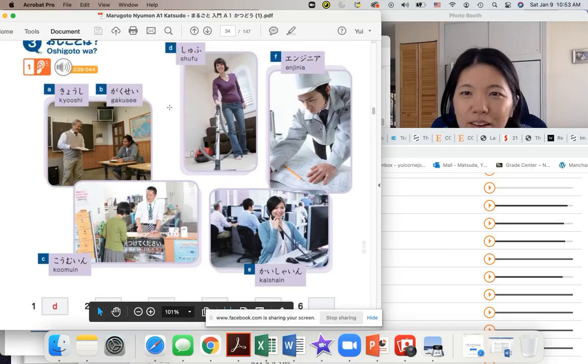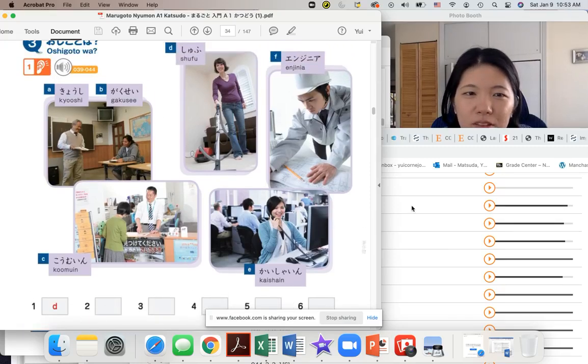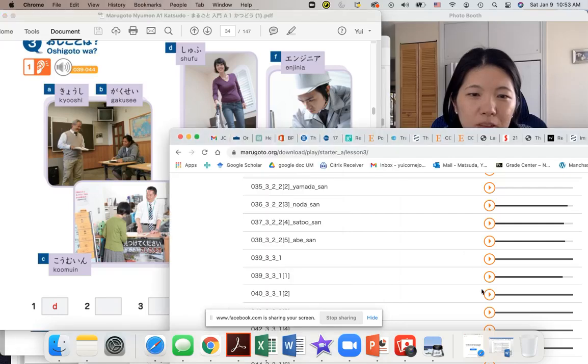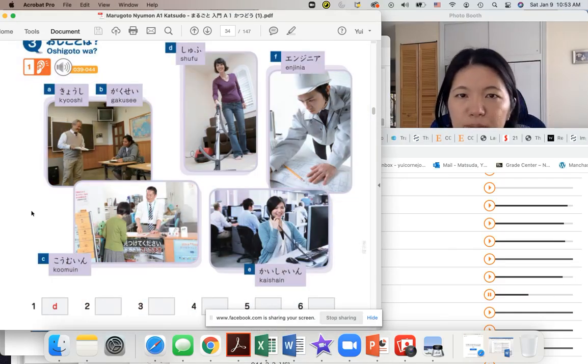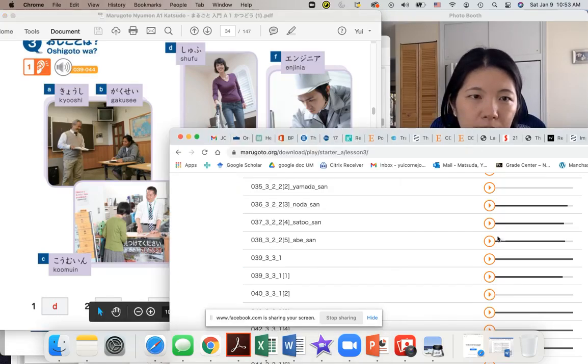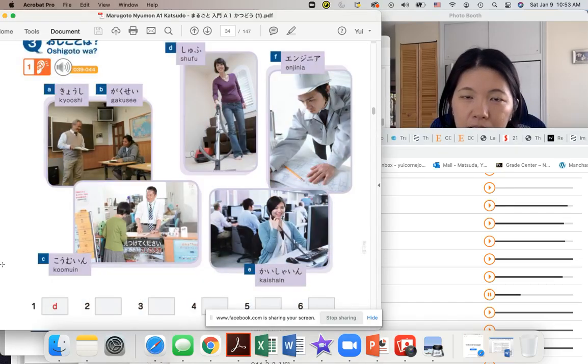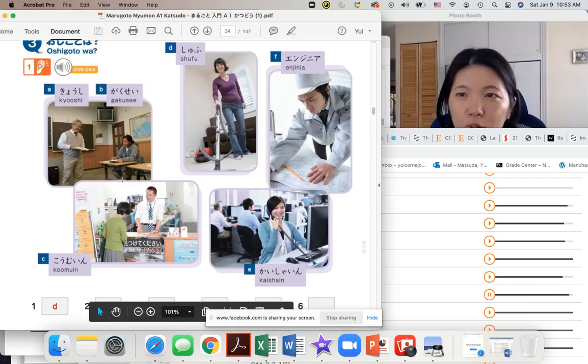Number 2, which doesn't have an answer, so we gotta listen to it carefully. We have these options. Which one is the second one? I'll show you the picture so you can figure it out. 2、お仕事はエンジニアです。Okay. One more time. お仕事は and the person says エンジニアです。So お仕事は what is your job?